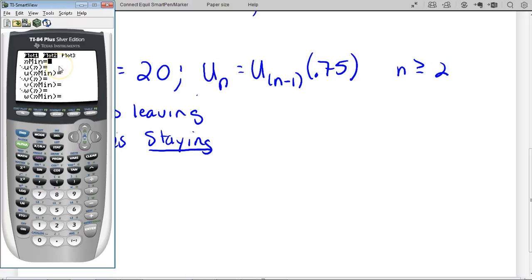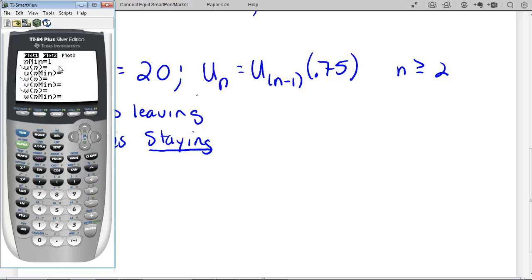Well, we'll re-put it in. My minimum is 1. Do you see this? If I'm in sequence mode and I go to y equals, I get to this screen. So my minimum is 1, and then for the formula, I put in the explicit function to get my table.